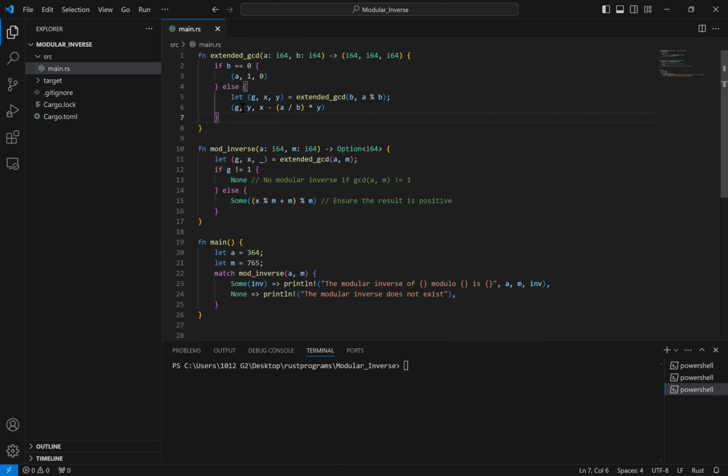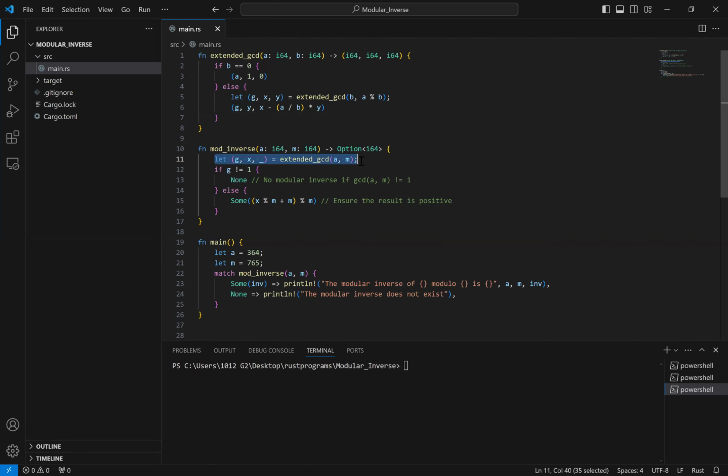Now, once you reach B equals 0, and you want the inverse function, the modular inverse function begins from let. Look at that.